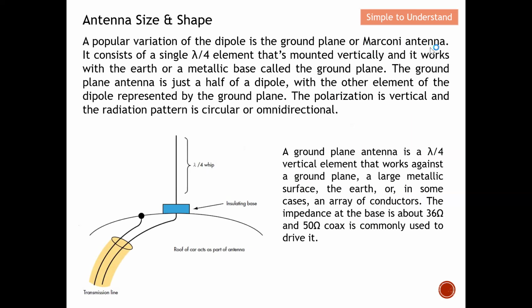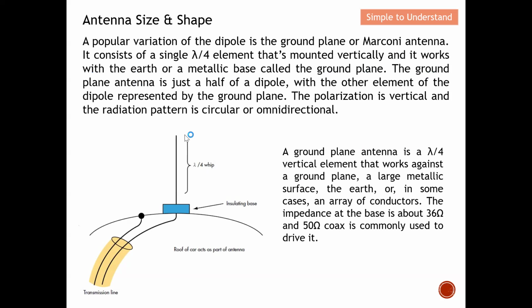Next, another popular variation of the dipole is the ground plane antenna, or sometimes we know this as the Marconi antenna. It consists of a single lambda over 4 element, a quarter wavelength element here, that is mounted vertically, and it works with the earth or a metallic base. This earth or metallic base is called a ground plane. The ground plane antenna is just half of a dipole.